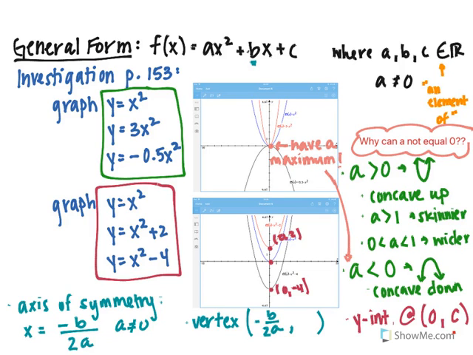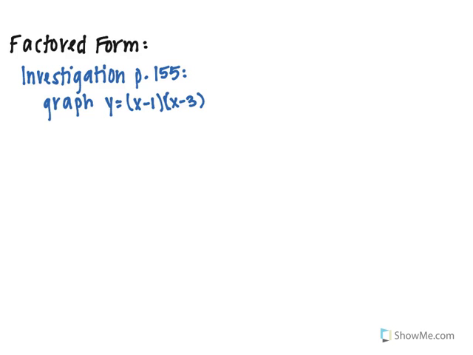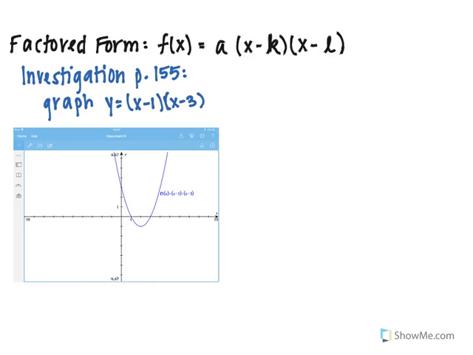So let's look at another form of quadratic equation. Before we look at the factored form, I would like you to please do this investigation on page 155. So I would like you to graph this equation, y equals x minus 1 times x minus 3, on your calculator.